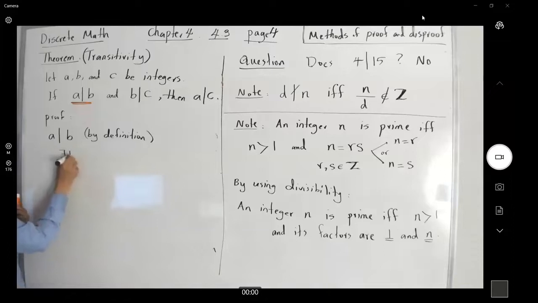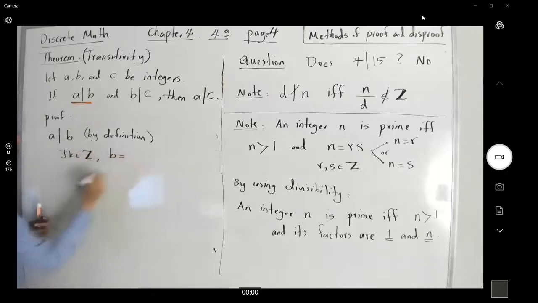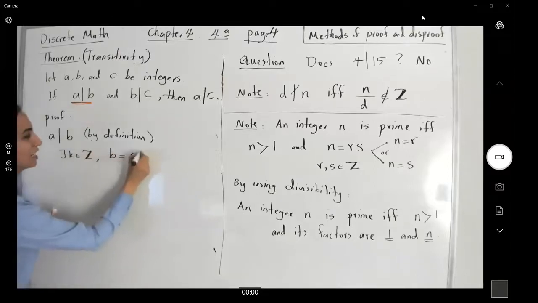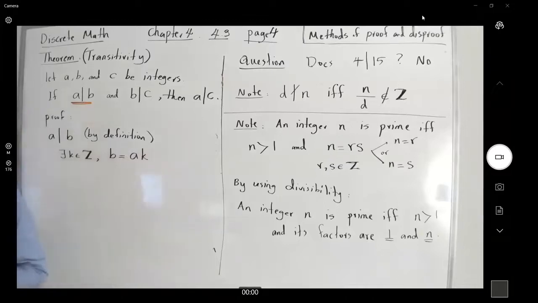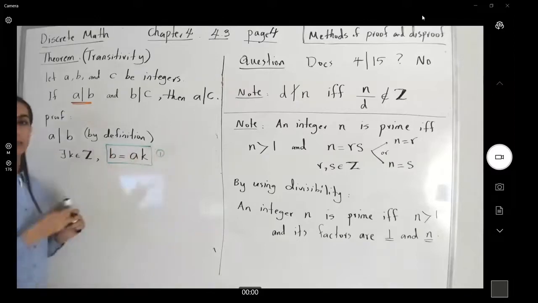There is an integer like K such that B is equal to A times K. Put this in a box and number it 1.